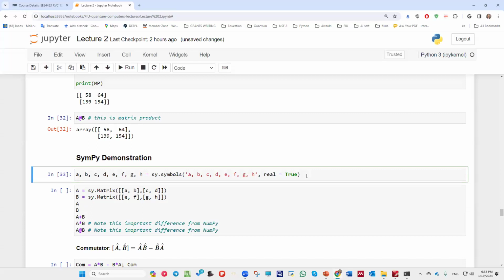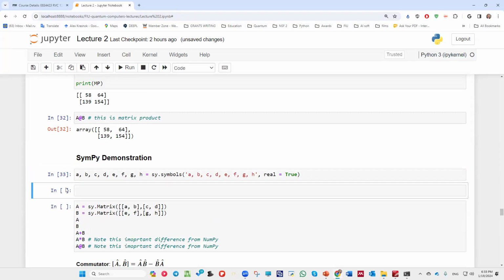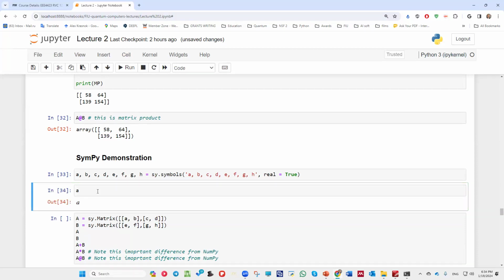For example, if I run this and type B, you create a new cell. And if I want to see how this variable A is presented, this is how it works.